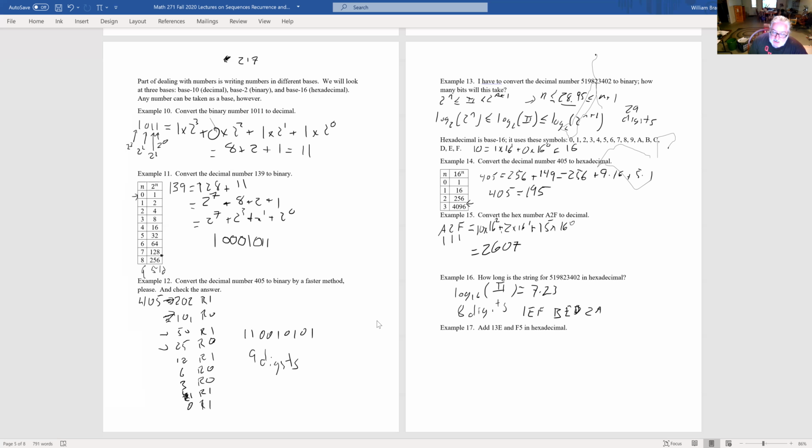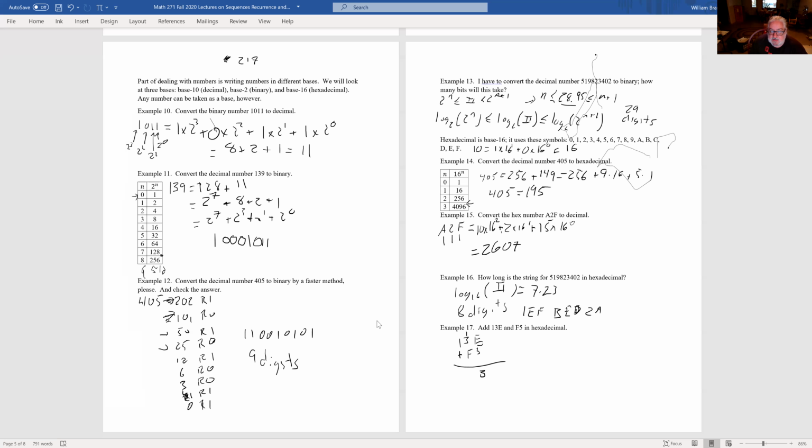Okay. How do you add things in hexadecimal? 13E plus F5. It's the same procedure as writing in decimal. 5 plus E is what? Well, you go up to the table, here's E, and you want to go 5 more. So 1, 2, 3, 4, 5. You get a 3, but you went from F back to 0, so you have to carry a 1.